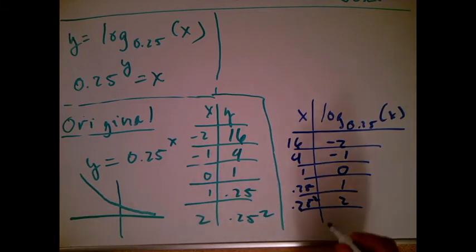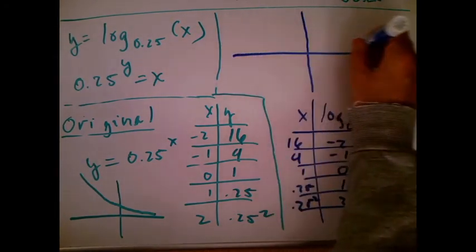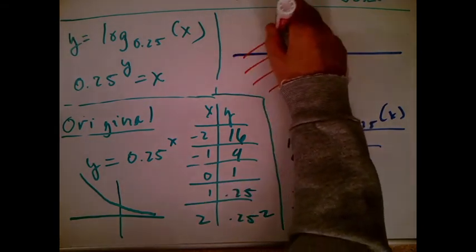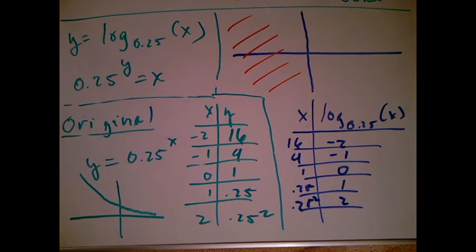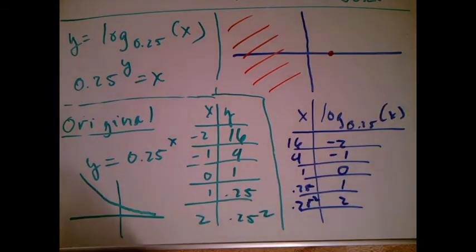If I want a graph of the log function, now we can just plot the points and connect them up, but we should also notice a couple of things, by the way. In the original exponential function, the y's are always positive. The y's are never negative. So when we switch the x's and the y's, instead of saying the y's are always positive, we're going to say the x's are always positive, so there's going to be no graph back here for the log function. Now, this point right here is the 0, 1, so the 1, 0 is going to be on the log function.